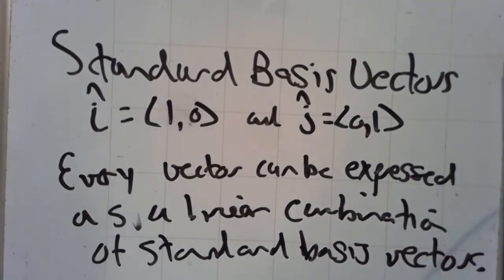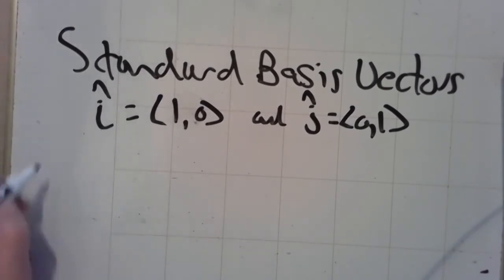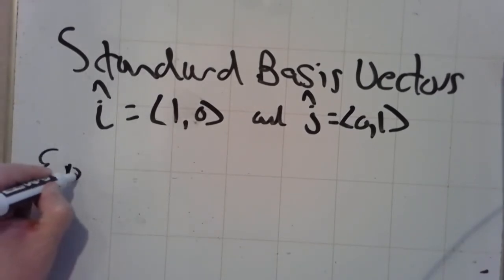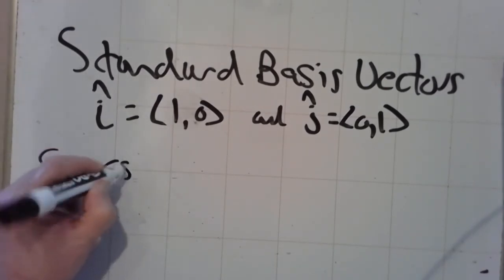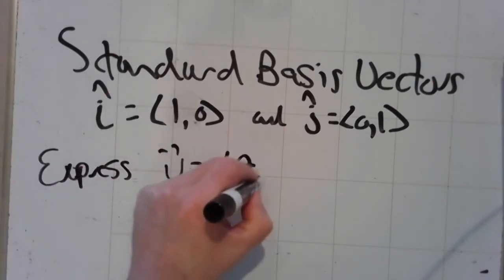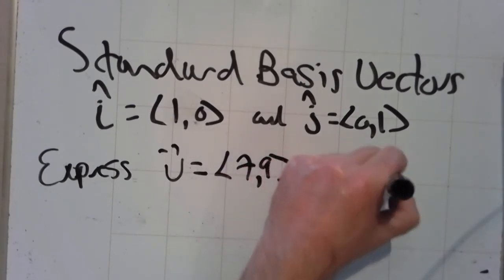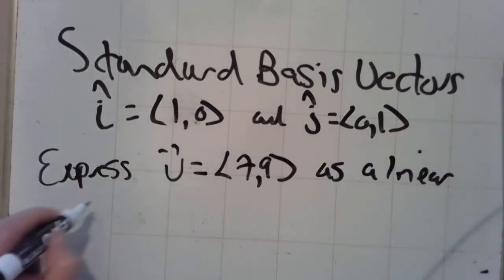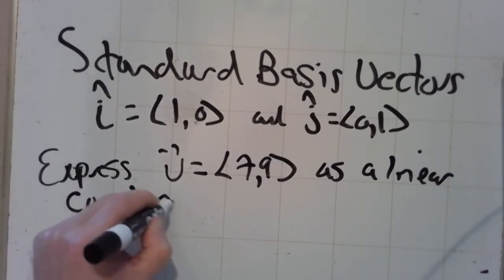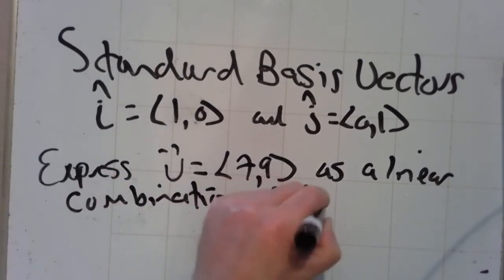That sounds complicated, but this is actually the easiest thing we do all semester. So let's say I want to express v, let's call him, I don't know, (7, 9), as a linear combination of standard basis vectors.